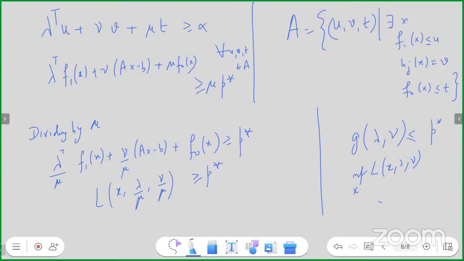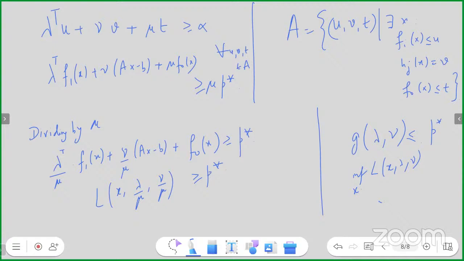That it has full row rank. You have not yet used the Slater condition at all. You have not asked for strict feasibility. Even to show the separation there, I didn't demand that they should be strictly separate. That's why it should be a strictly feasible point.